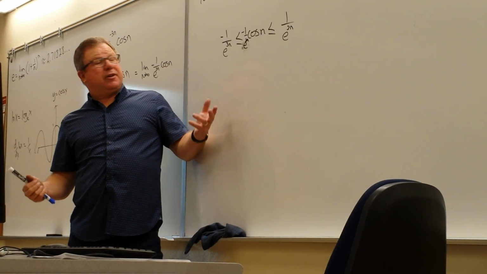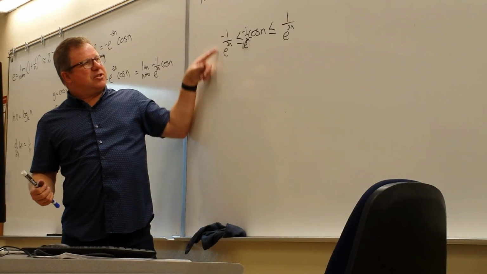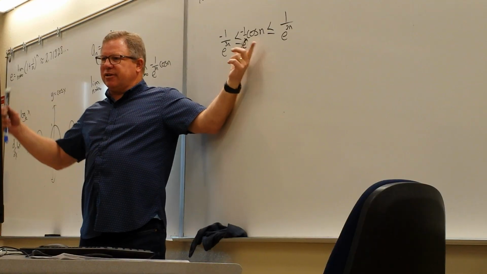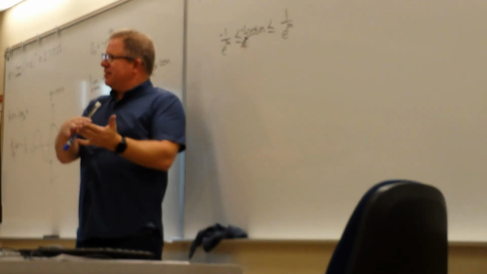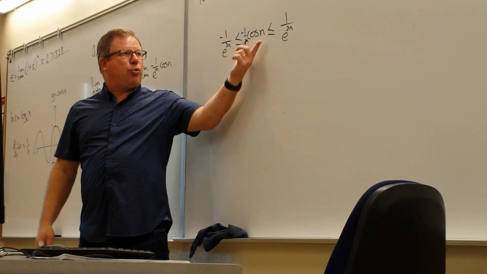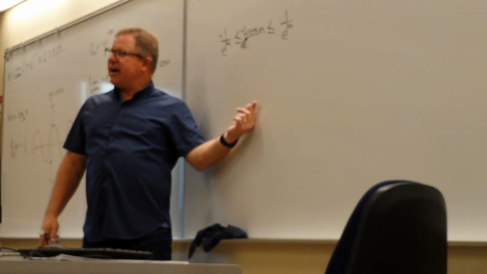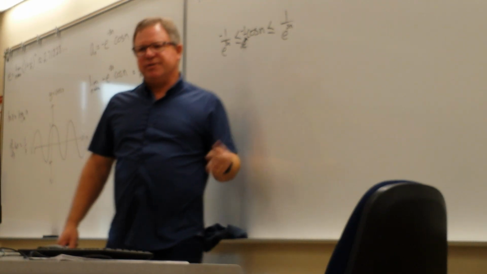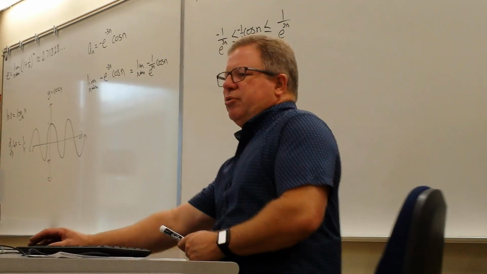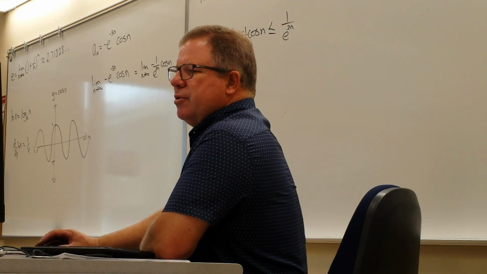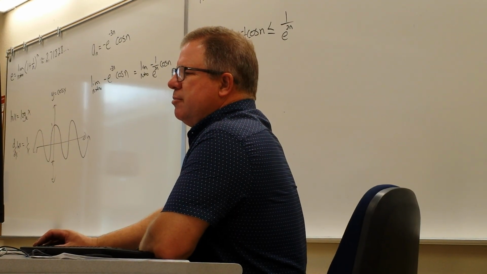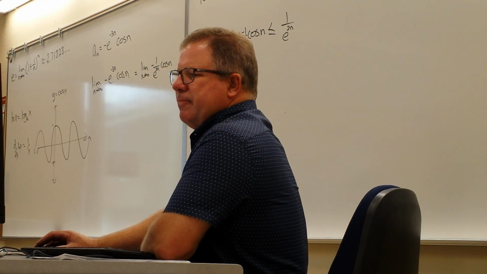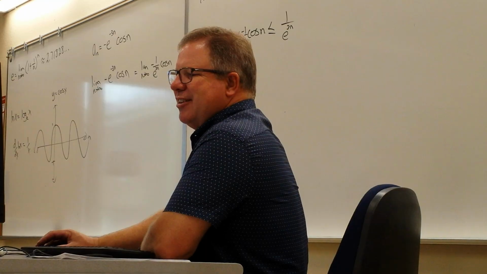I'm sorry, I gotta rethink this. The point is, this goes to 0 from the negative side, that goes to 0 from the positive side, and this is getting squeezed in between. Does that make sense? And it's going to force this to go to 0. That's the point here. And so the limit here is going to be 0.